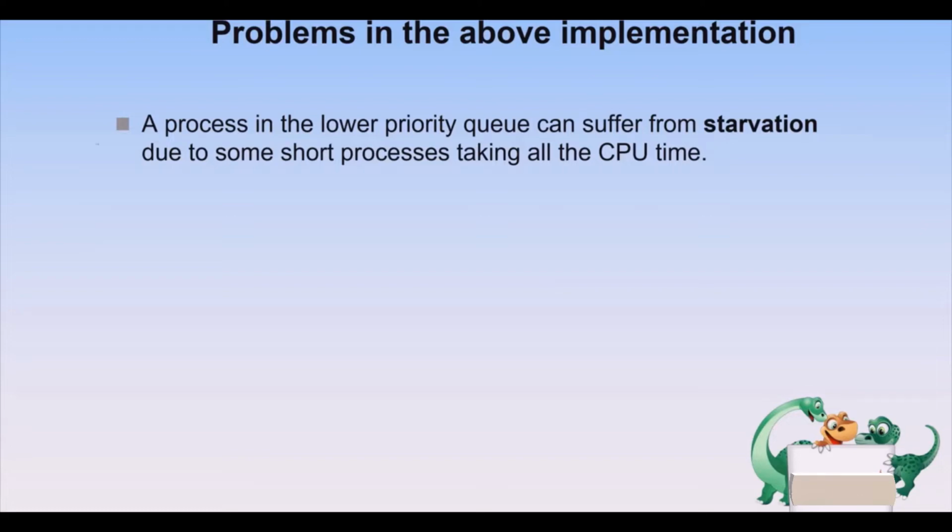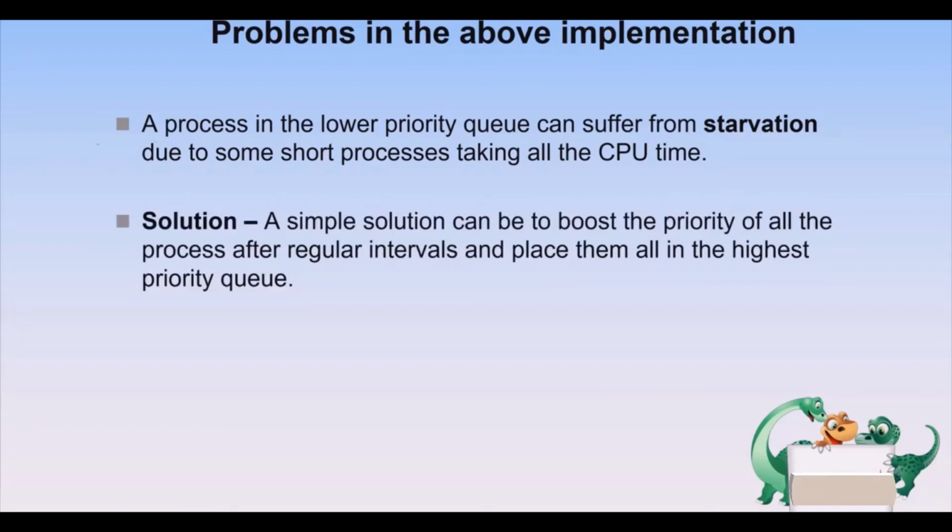So what is our solution to this? A simple solution is to boost the priority of all the processes after regular intervals and place them all in the highest priority queue.